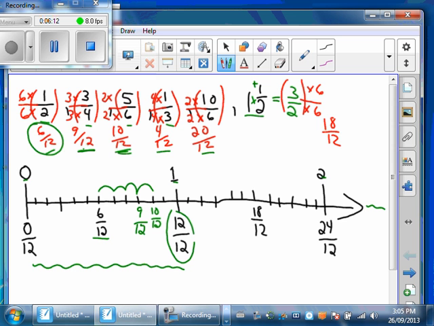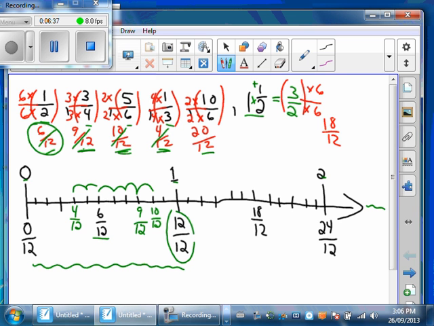10/12. All right, now we've got 4/12. Well, from 6, you can just go 5/12, 4/12. We've done this one, this one, this one, and this one. And now we've got 20/12. Well, that's a larger number than one whole, so we have to go beyond that.